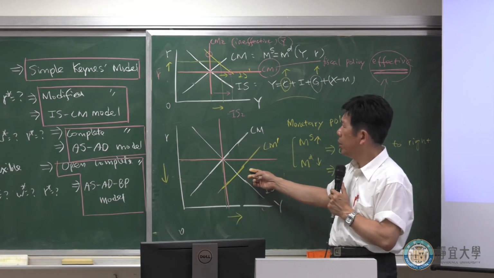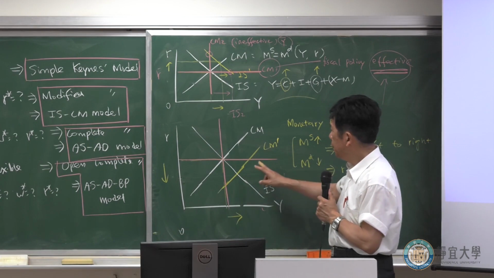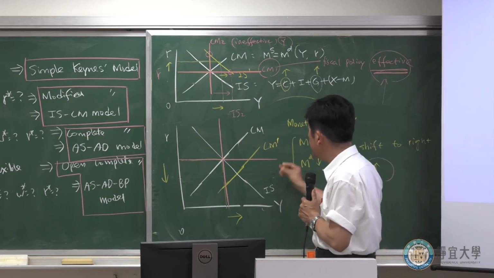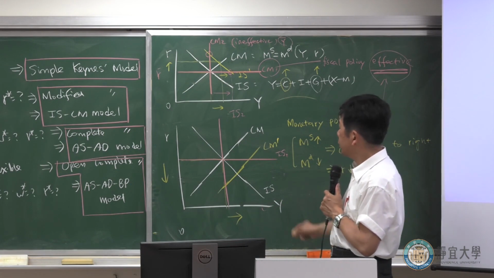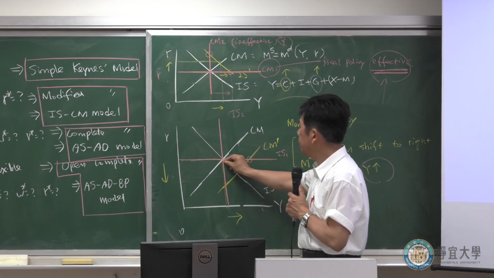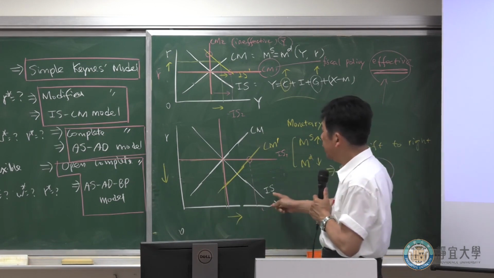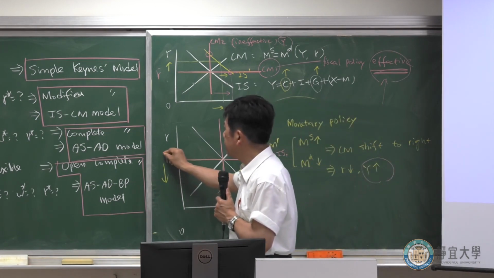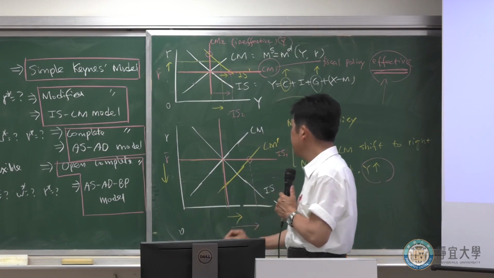If the IS is like this curve, IS1, and we use the policy, they can keep the interest rate constant, but they can let Y increase.